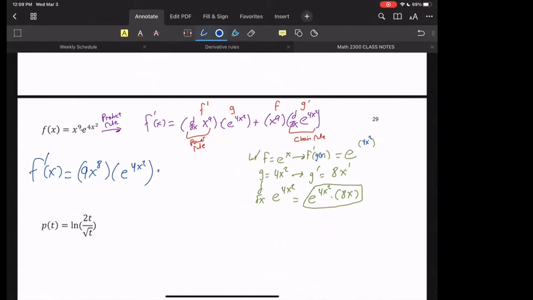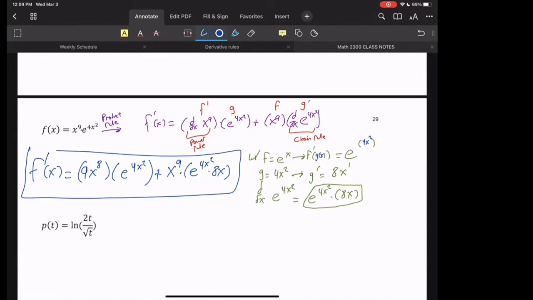And then plus x to the 9th, and then the derivative we just found goes right in here, times e to the 4x squared times 8x. That's the final answer.